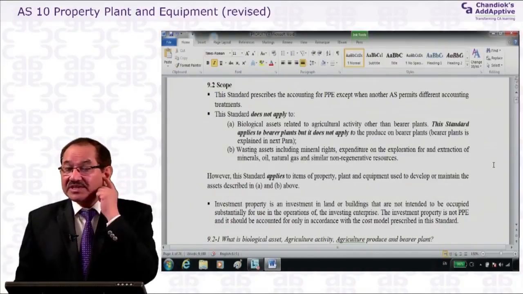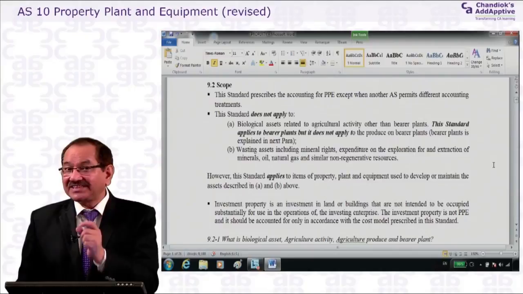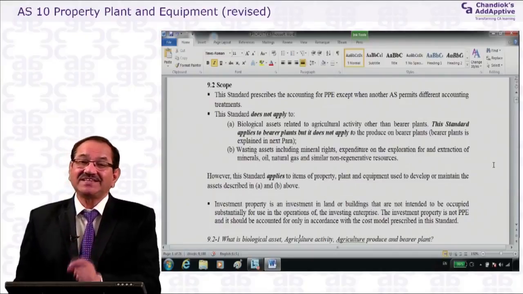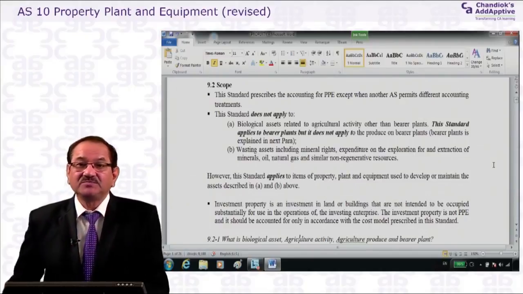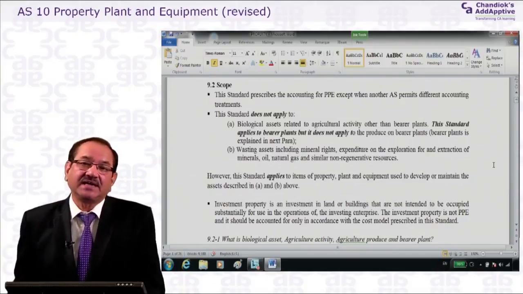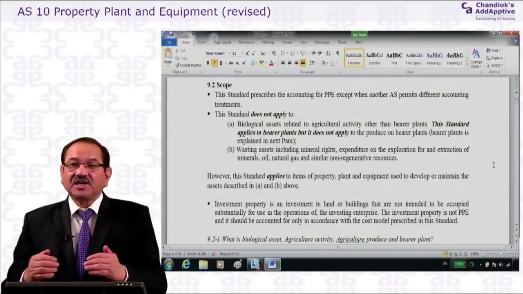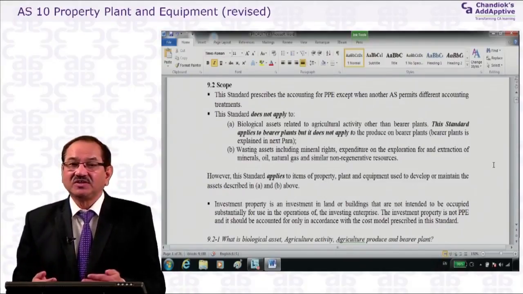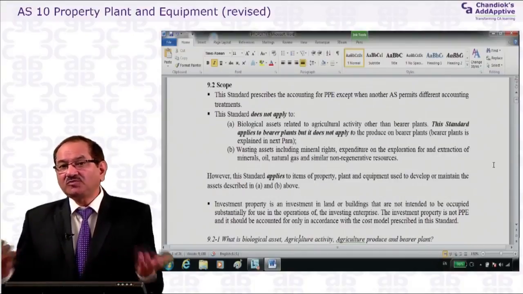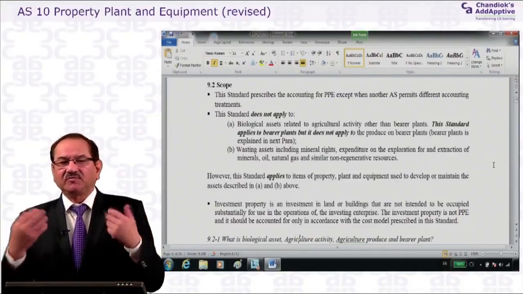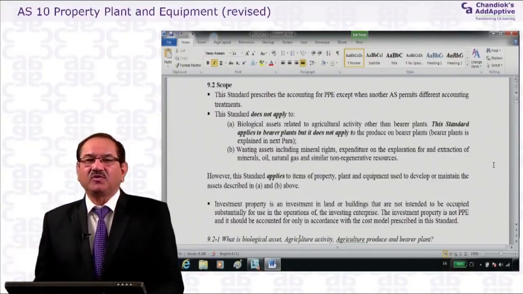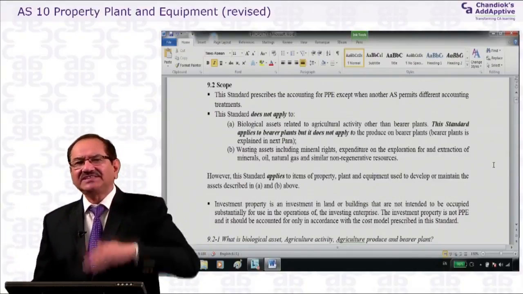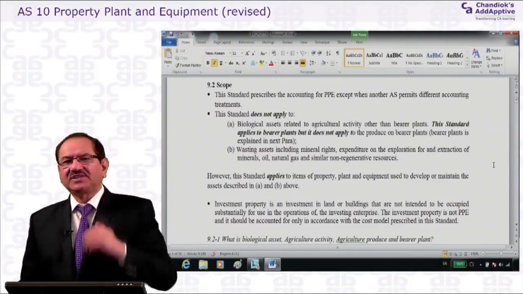Now, for such a thing, what is the asset? The asset is not the land. For you the asset is the coal which is beneath that land, and that is called a wasting asset, because when you extract the coal from the coal mine, it goes on decreasing and is wasted to that extent.